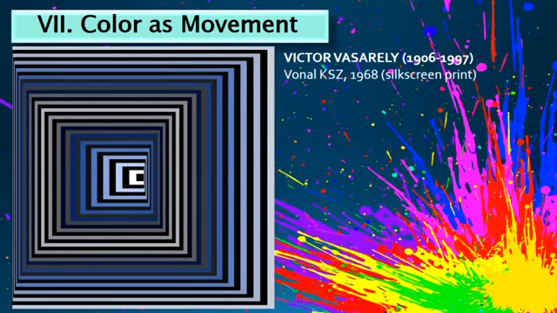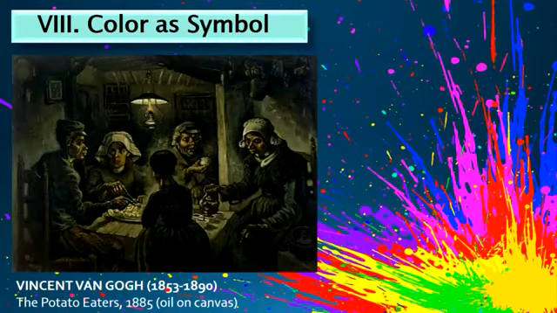And then last is number 8, color as symbol. The Potato Eaters by Vincent van Gogh is his masterpiece from the first period of his work before he moved to Paris in 1886.